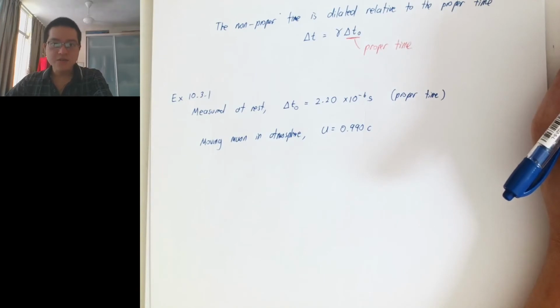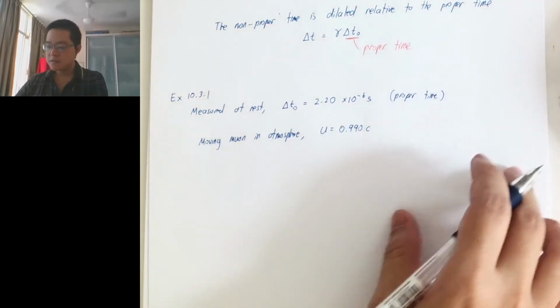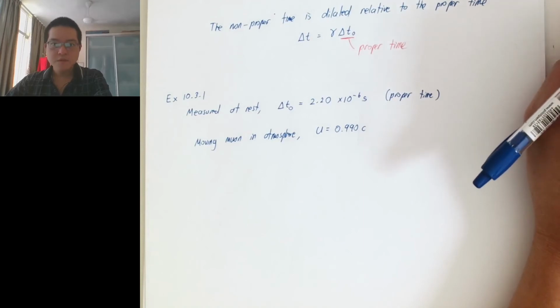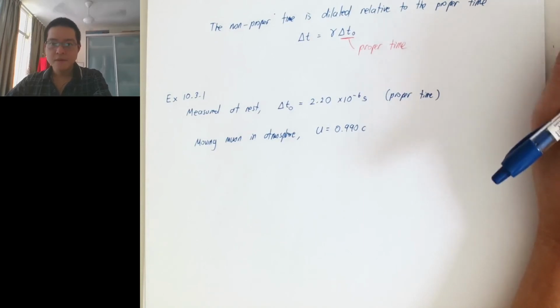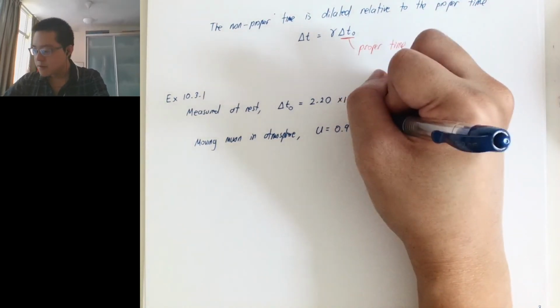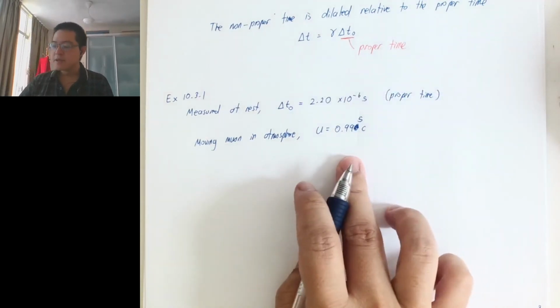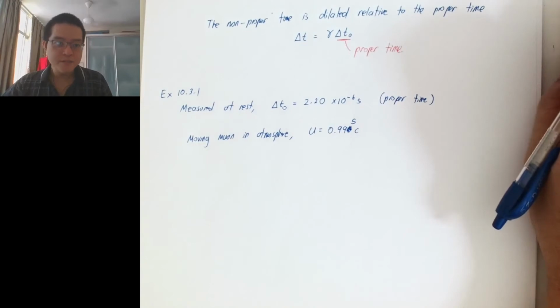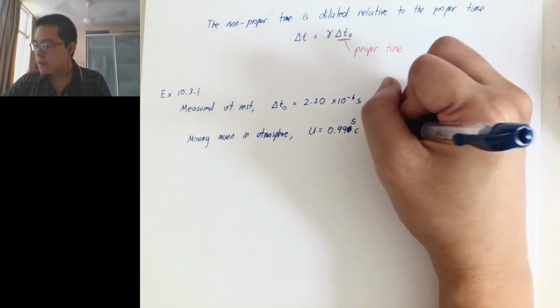Wait, I think I should correct this. It should be 0.990... okay, fine, let's follow 0.995. So the moving muon in the atmosphere is moving at this speed relative to Earth.